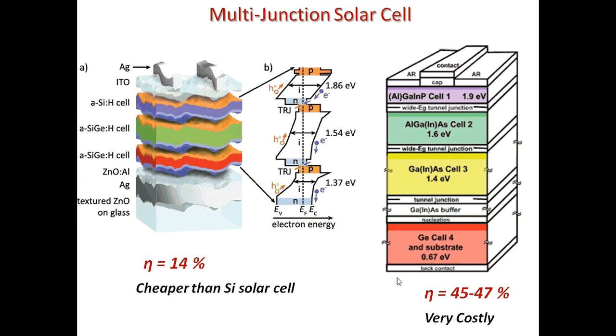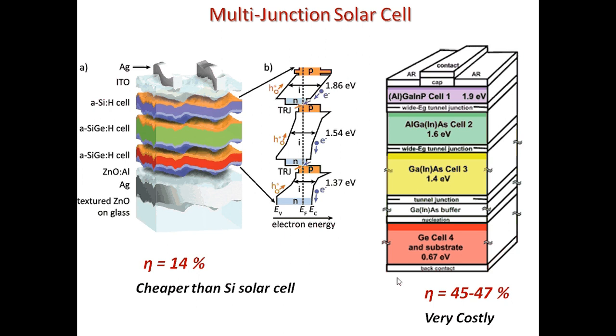So that is the reason there is always a compromise between the requirement of high voltage and high current. That's the reason 1.4 eV is an ideal band gap of a semiconductor, which will produce a good amount of voltage and a good amount of current, though not the highest.